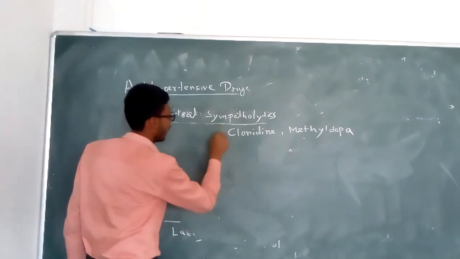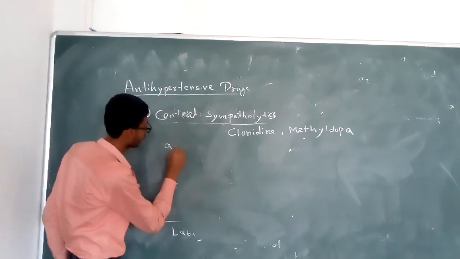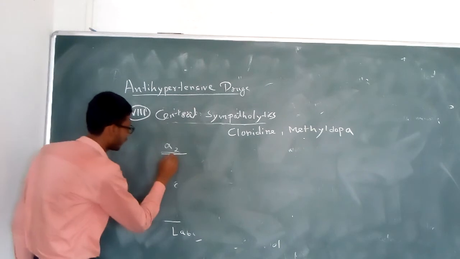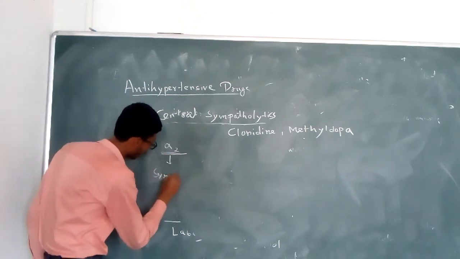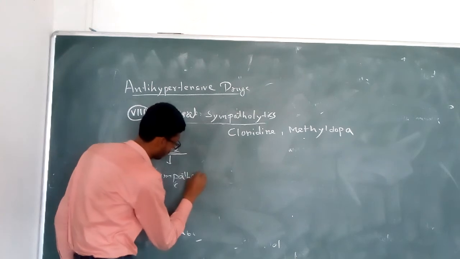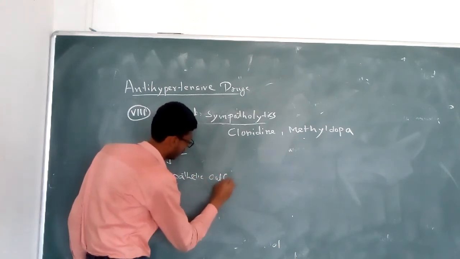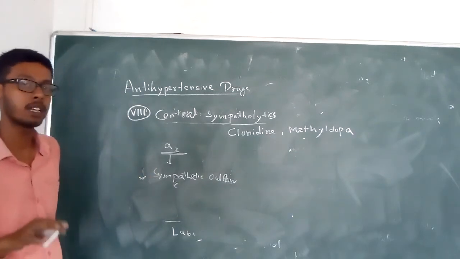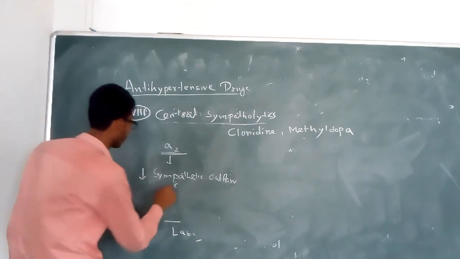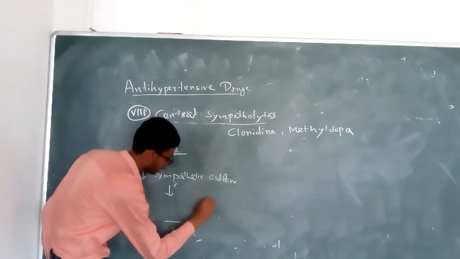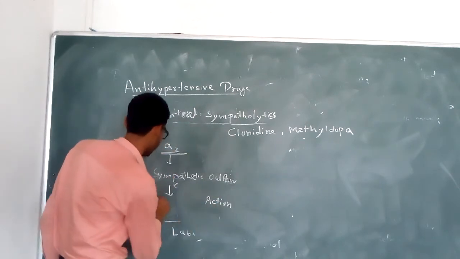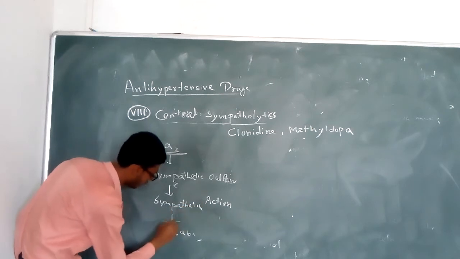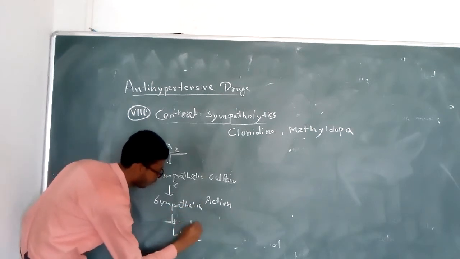So central sympatholytic drugs act on the alpha 2 receptor, and by acting on the alpha 2 receptor they decrease the sympathetic outflow. I mean the release of adrenaline and noradrenaline decreases, and furthermore the sympathetic action decreases, and decreased sympathetic action results in a fall in blood pressure.